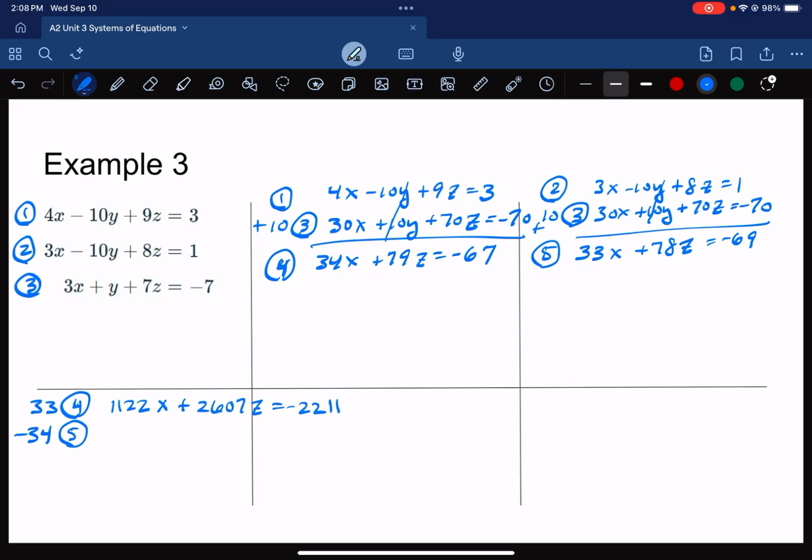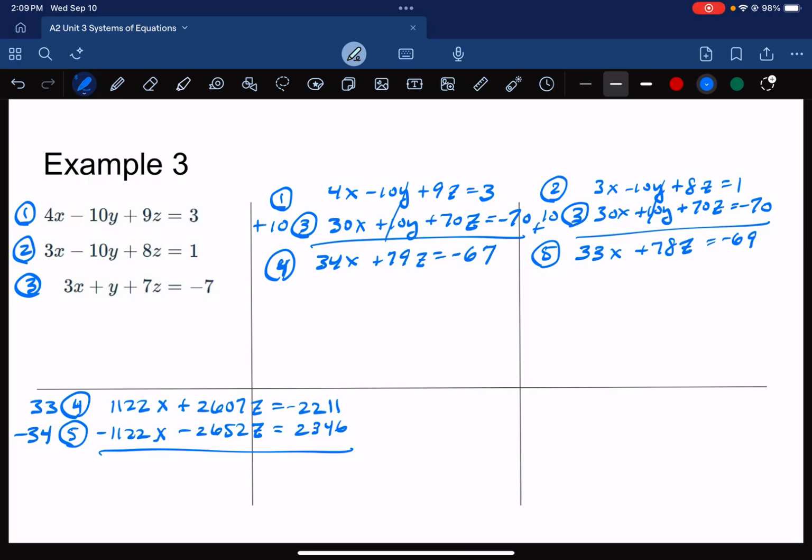Okay, so now we're going to do 34. So 34 times 33, well, that's going to be the negative 1122x. And then 78 times negative 34 is negative 2652z equals negative 69 times negative 34 is a positive 2346. Okay.